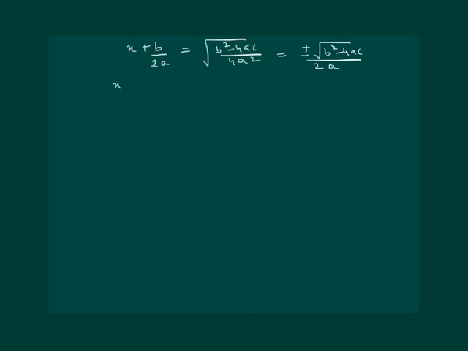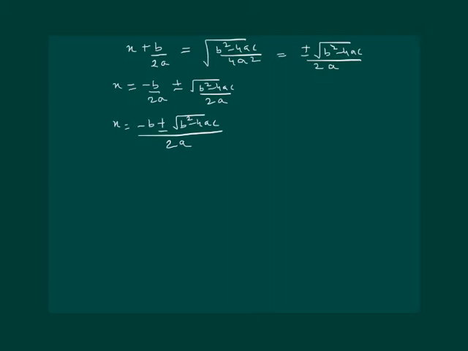Solving further, we get x equal to minus b by 2a, since we are bringing this term to the right side, plus minus under root of b square minus 4ac by 2a. So x can take the values minus b plus minus under root of b square minus 4ac by 2a.